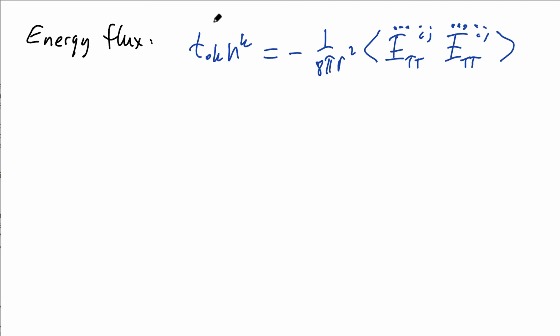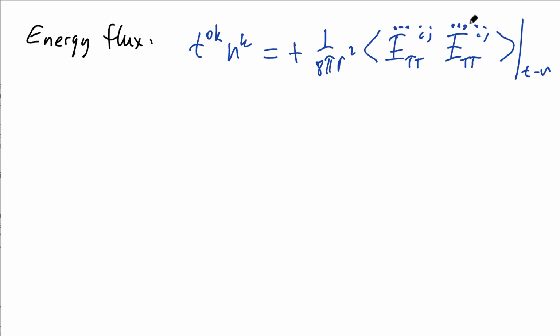Now the energy flux in a positive sense is actually given by the stress energy momentum tensor with upper indices 0 and k. So let me raise these indices, and raising the 0 index flips this sign, so this becomes a plus. So this is now the energy flux in the positive n direction, that is in the radial direction. And by the way, this should be evaluated at the retarded time t minus r.